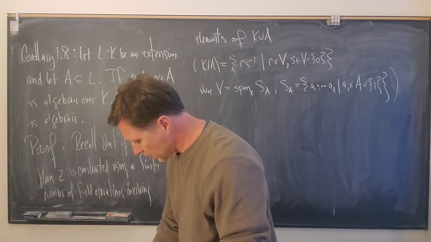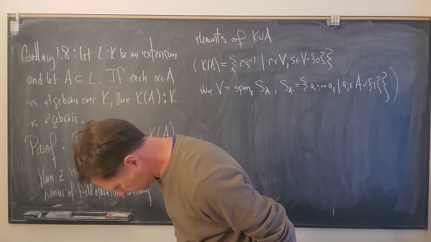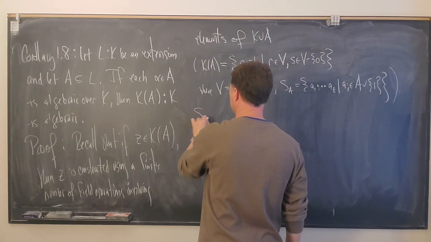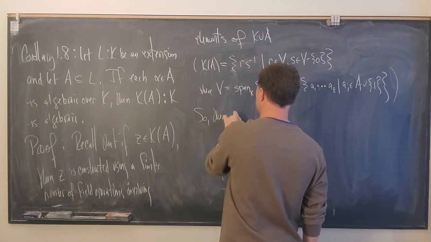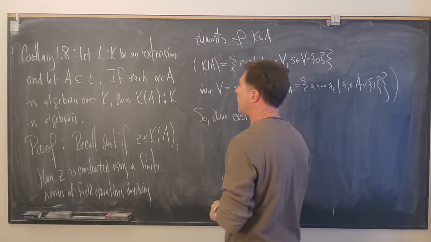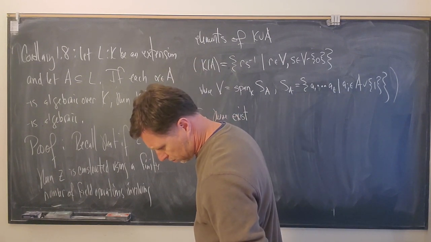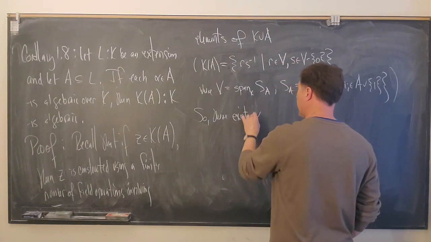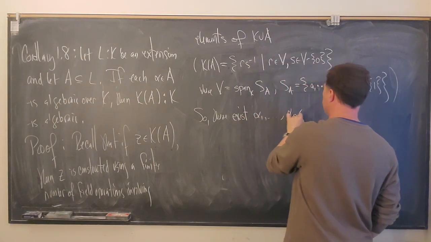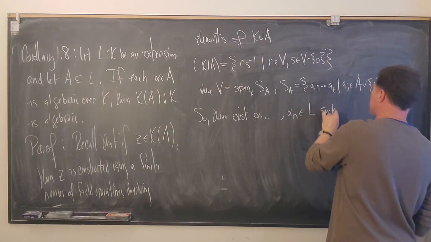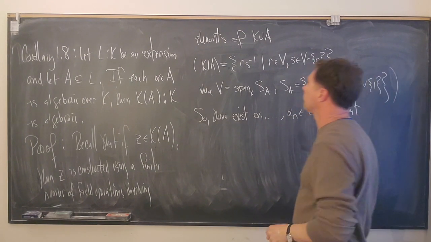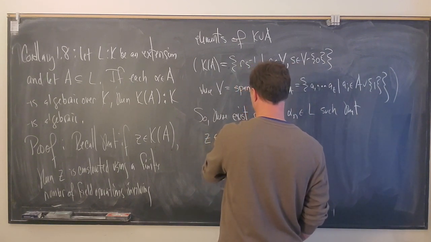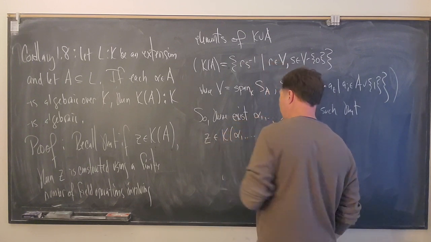So, okay, what does that mean? So we can say there exists alpha 1 up through alpha n in L, such that Z is in K adjoin alpha 1 up through alpha n, right?